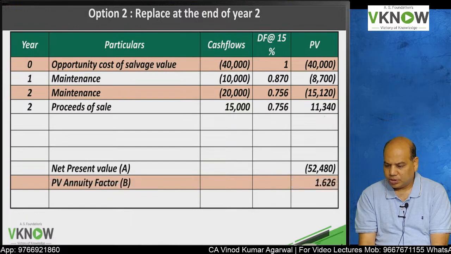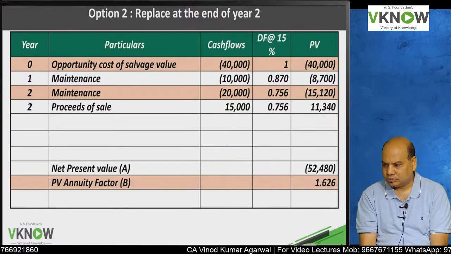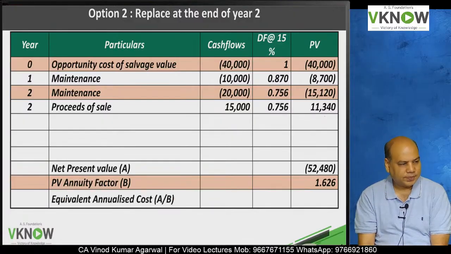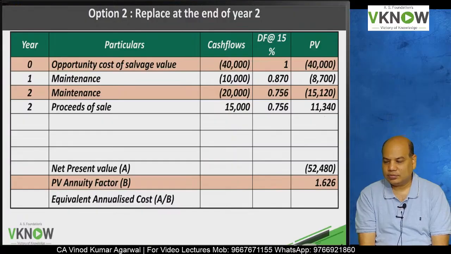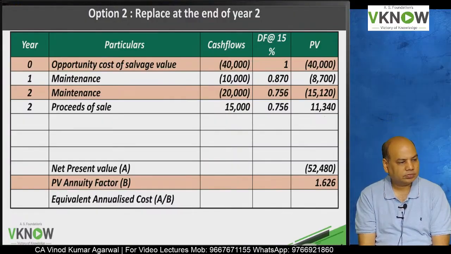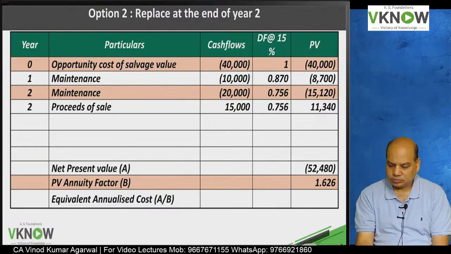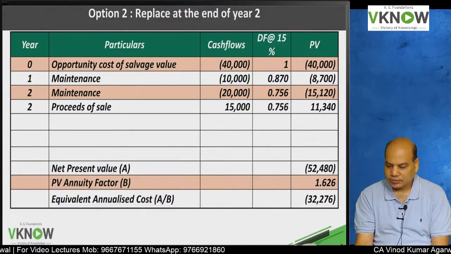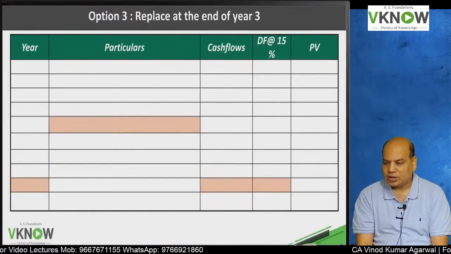Then you write down PV annuity factor, 1.626. Therefore EAC is A upon B: 32,276. Check. Is it right? 32,276.